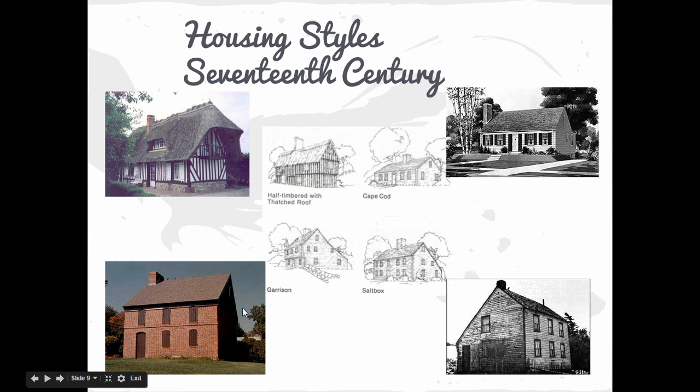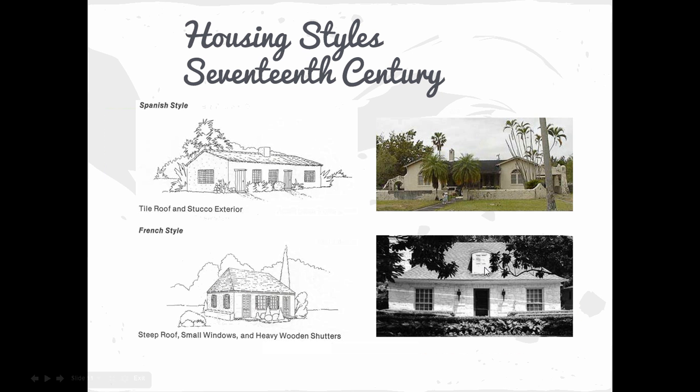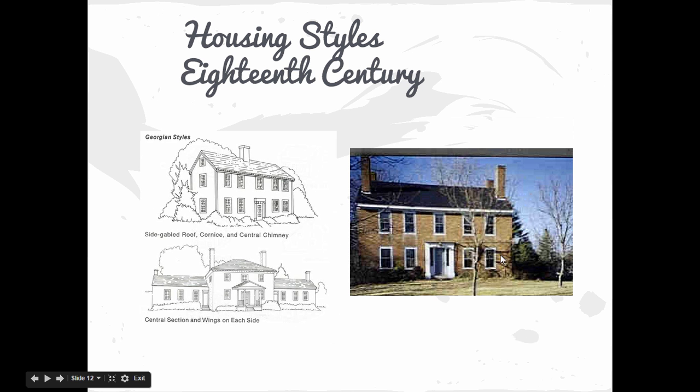The Garrison, which is a very old-fashioned type home. Then we have the Dutch style, which has a barn-like roof. The German style, which looks more like a log cabin. Swedish style. Spanish style, which has more of the stucco and the tile roof exterior. The French style.